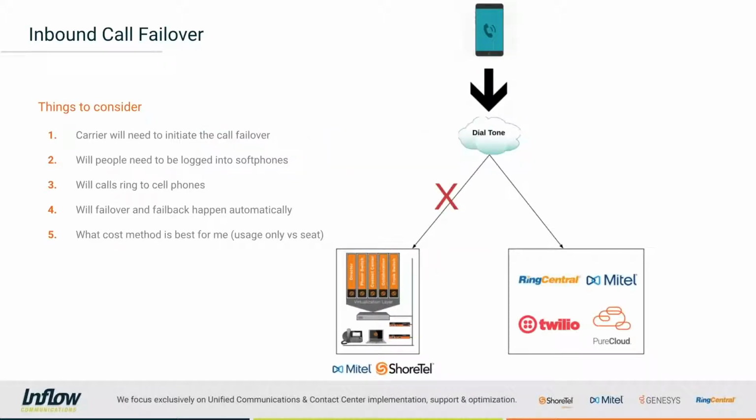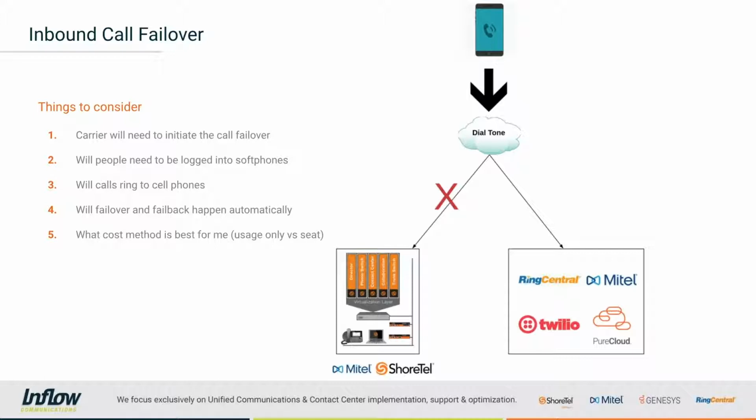There are 3 things I'm going to talk about today when it comes to using the cloud for DR. The first scenario is inbound call failover. A customer picks up the phone and dials your 800 number from their cell phone. It hits your dial tone, and typically that would ring inbound to your ShoreTel MiCloud system, and it'll ring out to a phone, and all is good.